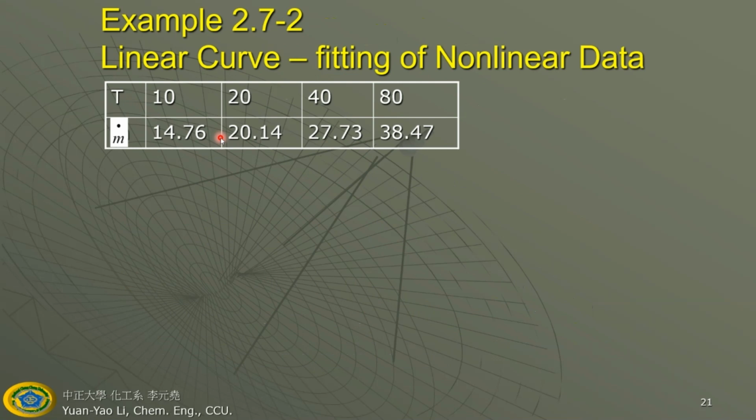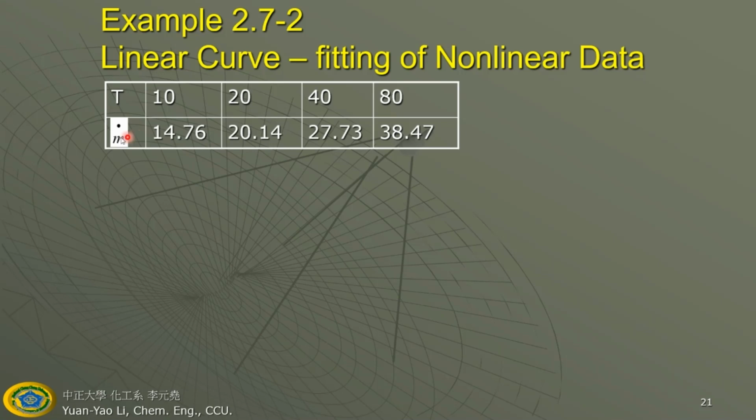Right. So another example here. This is m dot. Do you remember I told you what m dot means? Over dot is time, right? So it's mass over time. What does that mean? Mass flow rate.